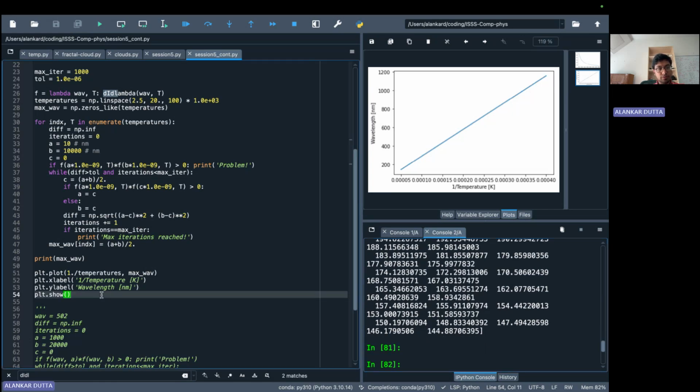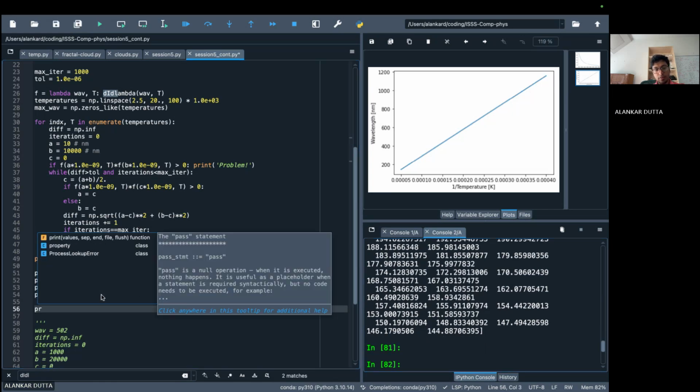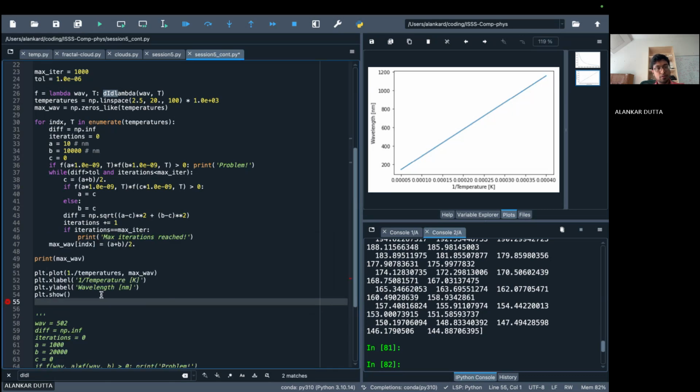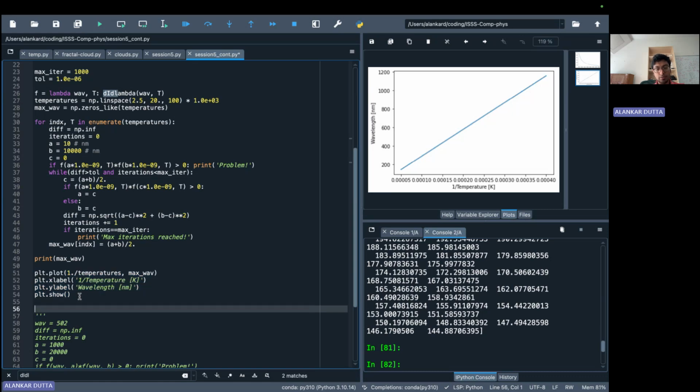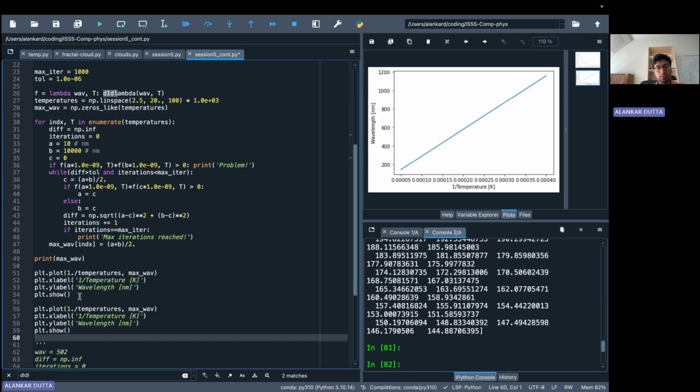we can print. We can do another plot of lambda times T that will give you the Wien's displacement constant in terms of nanometers times Kelvin, right?